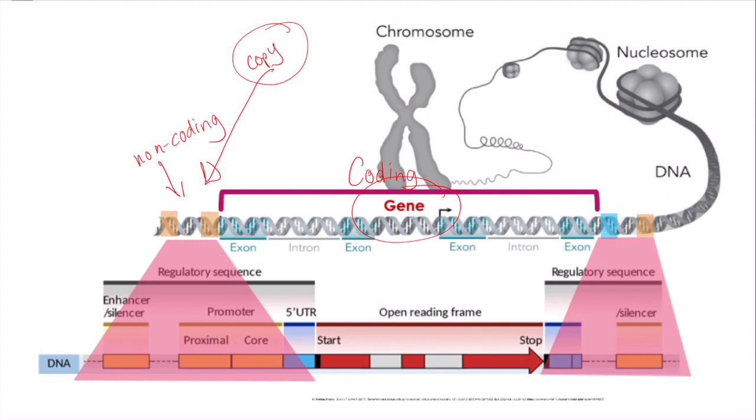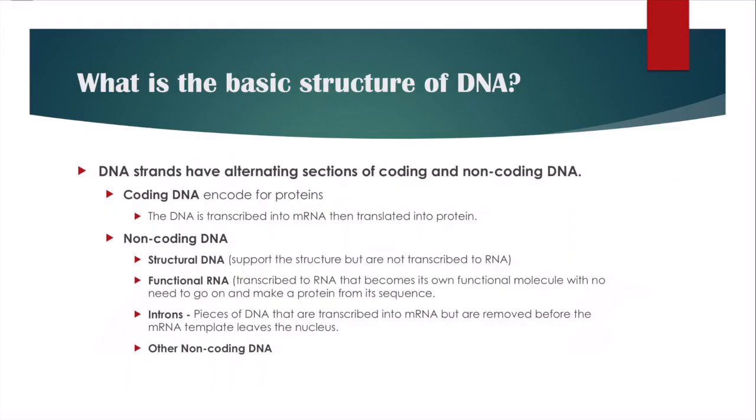So let's go over a few of these things. Okay, in the non-coding DNA, we have areas where they are structural pieces of DNA. These basically support the DNA, but they don't actually get transcribed or photocopied into RNA. We have areas which, when they are transcribed, actually form functional RNA.